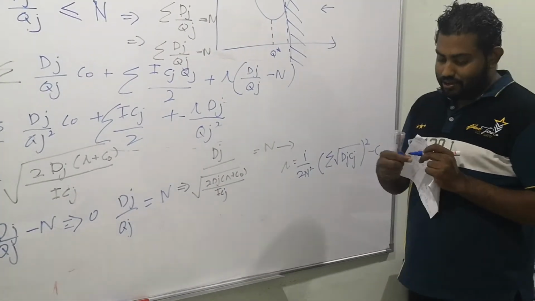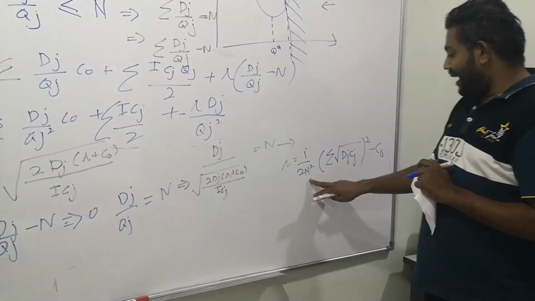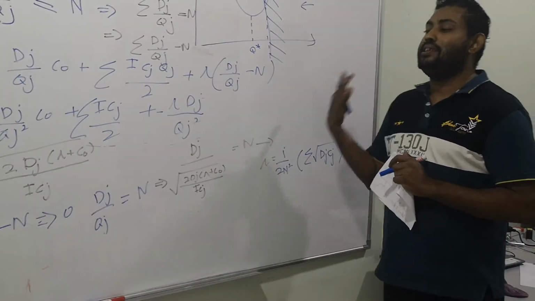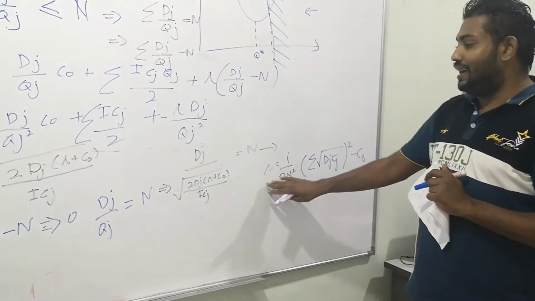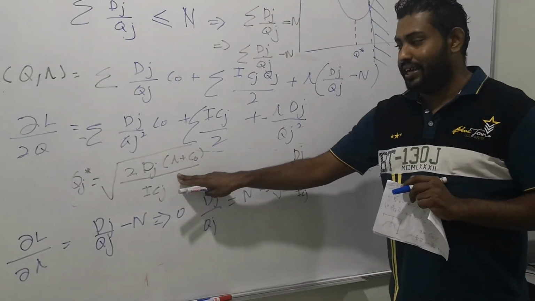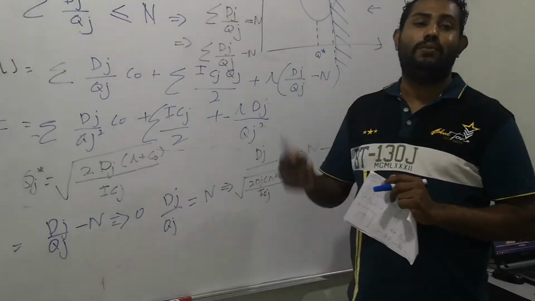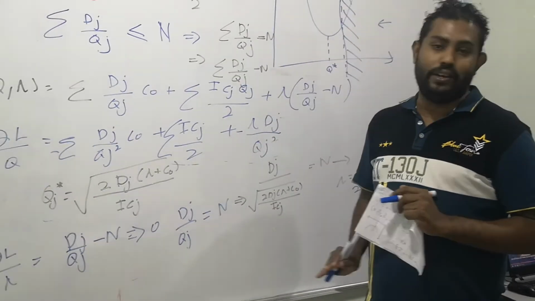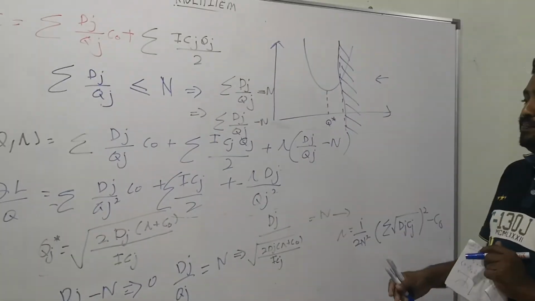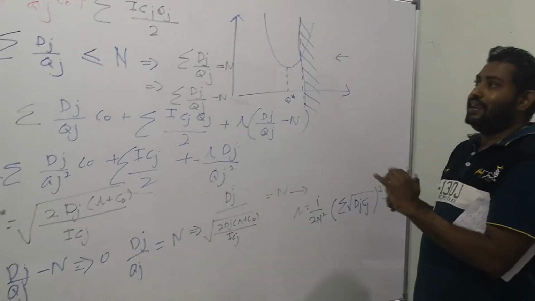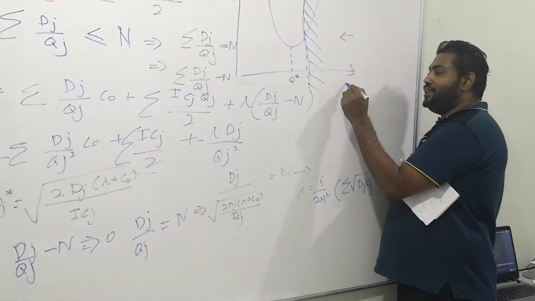It means you already have the value of n, and you already have the values of dj, cj and c naught. Now you just need to substitute the value of lambda, and after you get it, you can substitute back into qj, so that you can determine your optimal q and number of orders. So the same formula applies. If you want to solve any multi-item problem, you only have 3 steps.